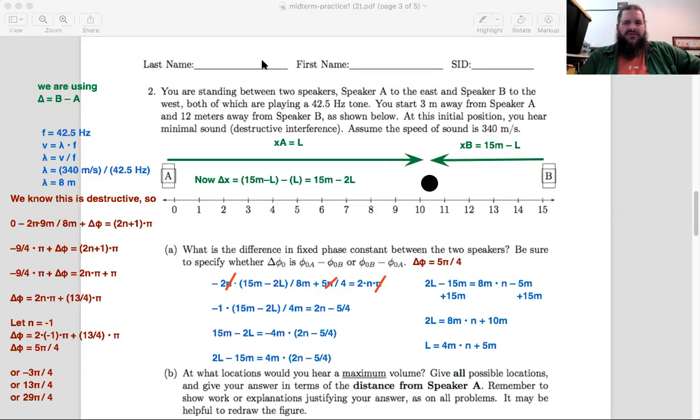So let's try making a chart here. If we just make a chart of N versus L, what are some N values we could use here? What would be the easiest N value to plug in?